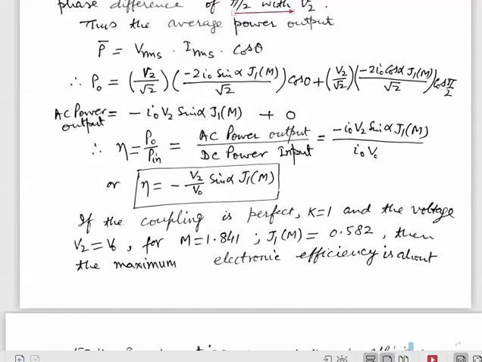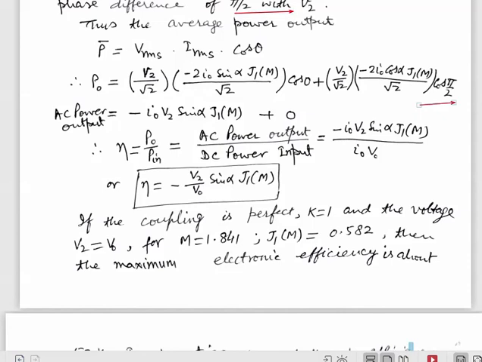So now substituting for V RMS, which is equal to V2 upon root 2, and I RMS, the first component of the oscillating current, which is minus twice I0 sin alpha J1(m) upon root 2, and since both the current and voltage are in the same phase, theta equal to 0, plus V2 upon root 2 and the current component of the second term, which is minus twice I0 cos alpha J1(m) upon root 2, and theta here is pi by 2, since the second component of current and the voltage at the catcher cavity are at 90 degree phase difference.